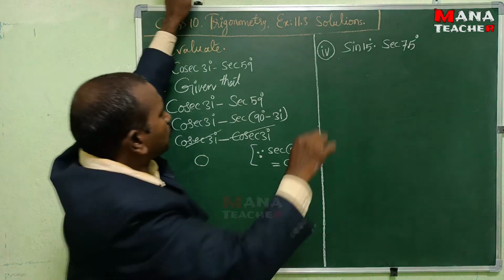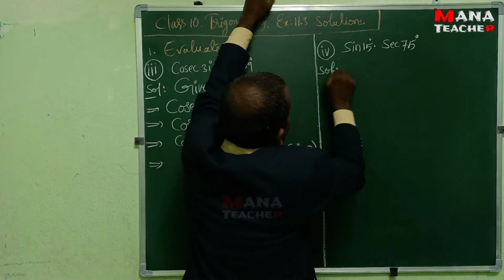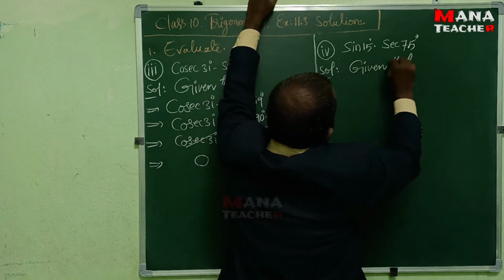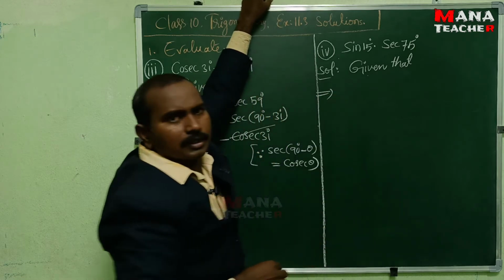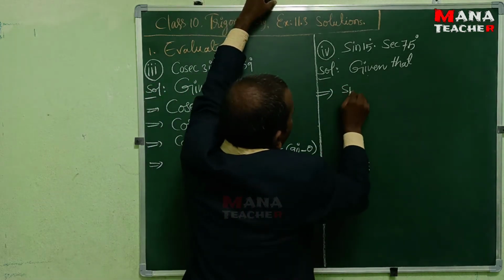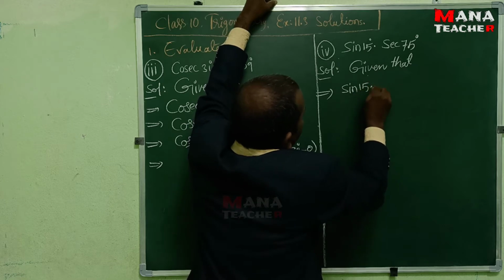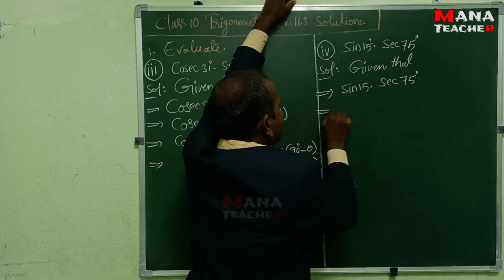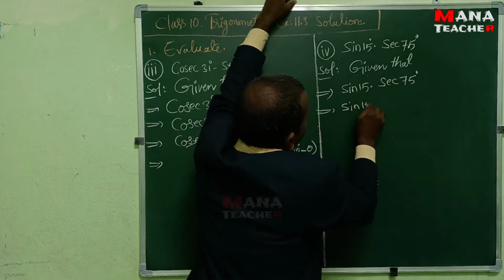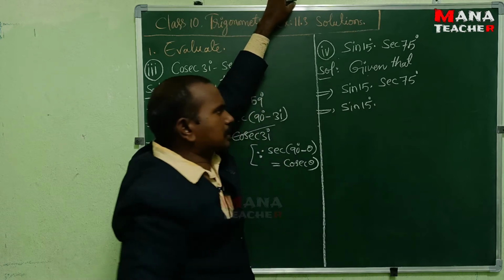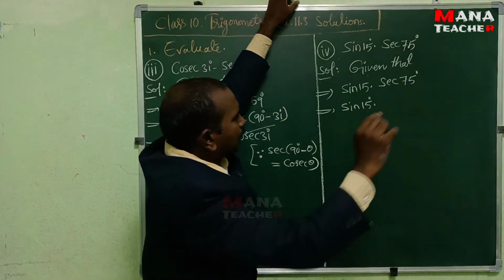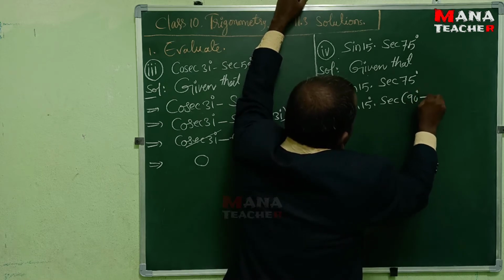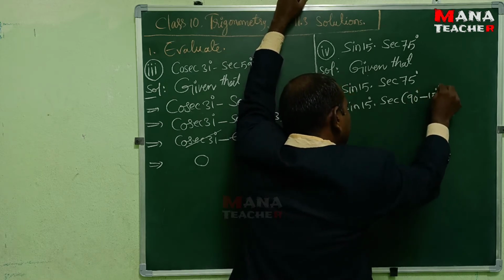Next, fourth problem solution. Write what is given in the problem: sin 15 degrees and sec 75 degrees. Next, write sec 75 in the form of sec(90 degrees minus 15 degrees).